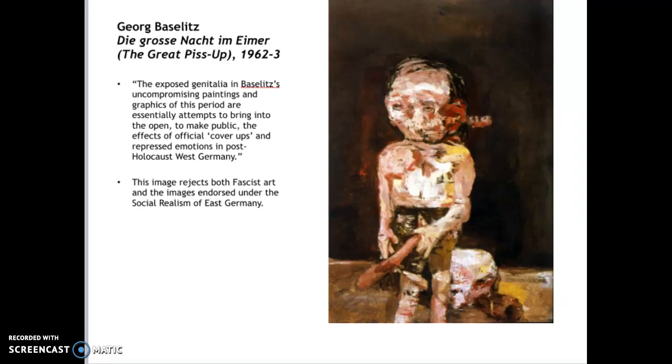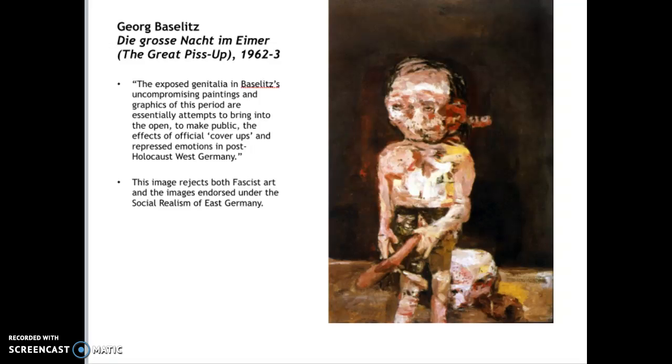This is George Baselitz, Die Grossnacht im Eimer. Baselitz is from Germany. This is German Expressionism, sort of. So it's what's happening in German art in reaction to Germany in post-World War II. And so you have a much more bodily, paint-like application.